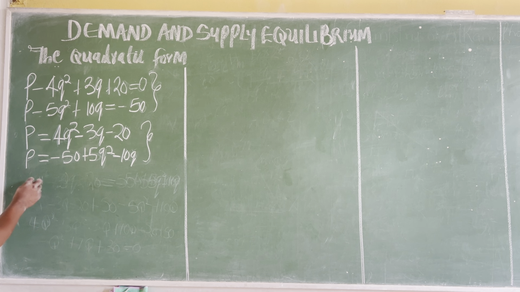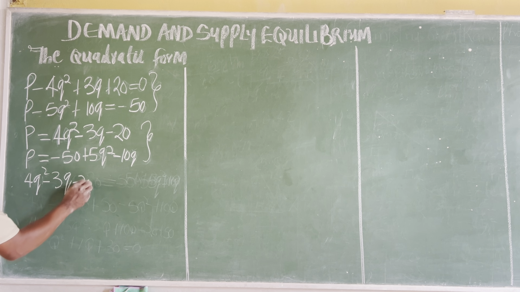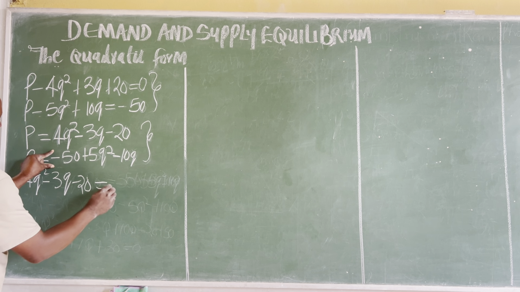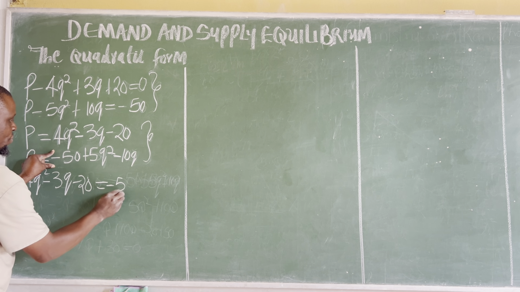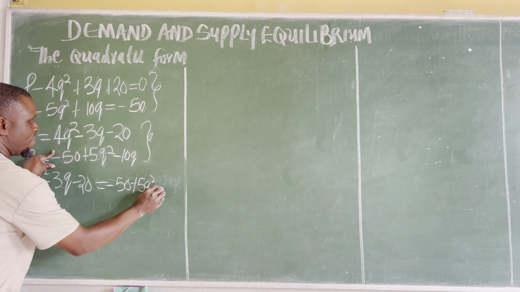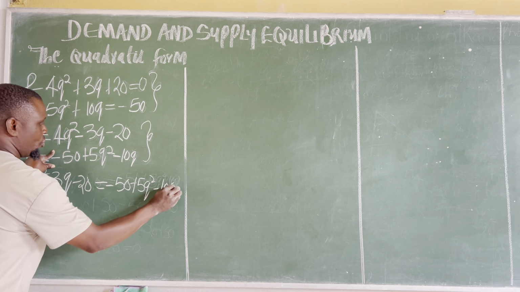And so if we write that out, we'll have 4Q squared minus 3Q minus 20 will be equal to minus 50 plus 5Q squared minus 10Q.